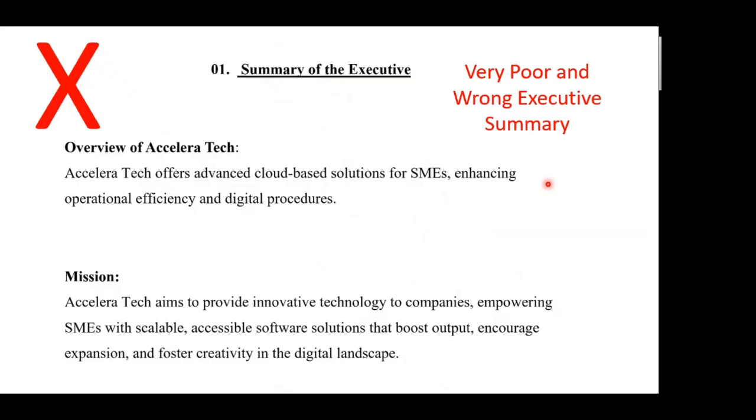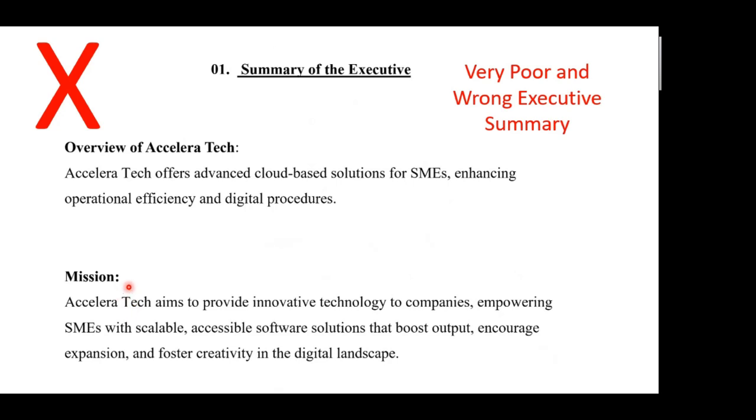Now, if you see this, it is a very poor executive summary. See the topic. It doesn't even say executive summary, it says summary of the executive, which is wrong. And again, under the executive summary, there are many topics. See, overview of the accelerator tech, mission, right? And remember, visions, missions, values, those things we never include under an executive summary.